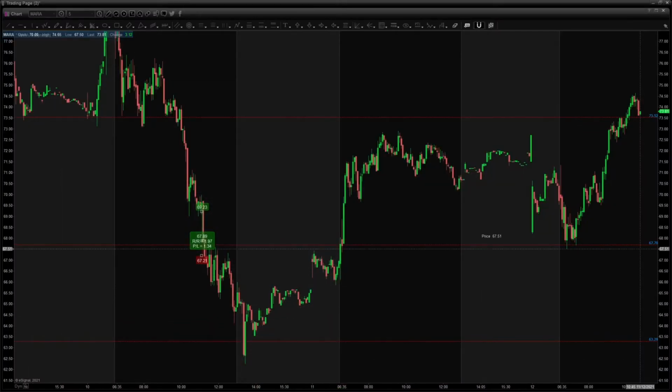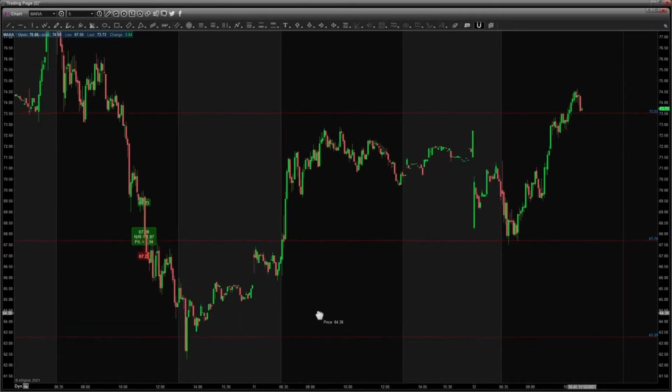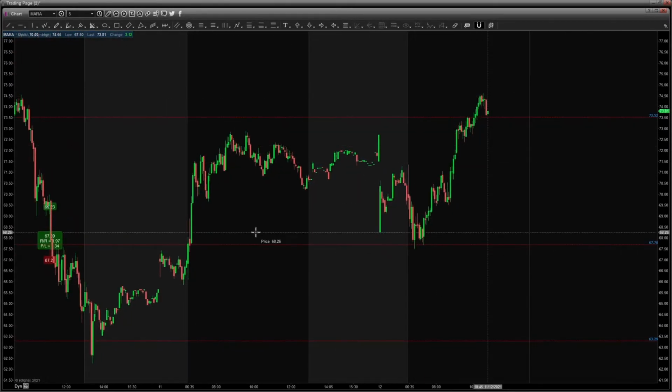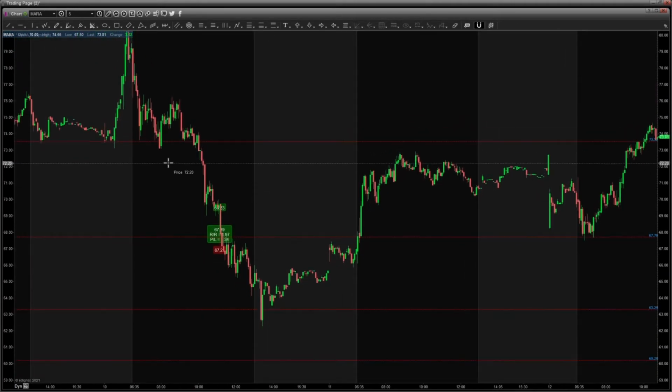All right, so here we have it. This is today, and you want to notice, if you look back on the 5-minute chart on the historical data, that when we're running through this window here, we're really just running through it quickly, which gives the opportunity to capitalize on that window.